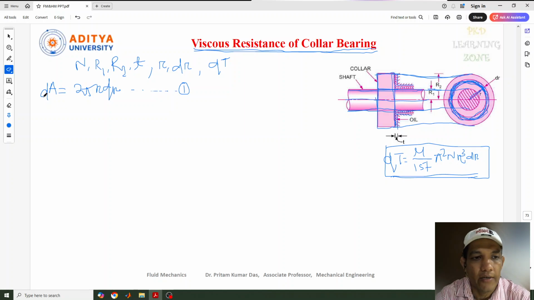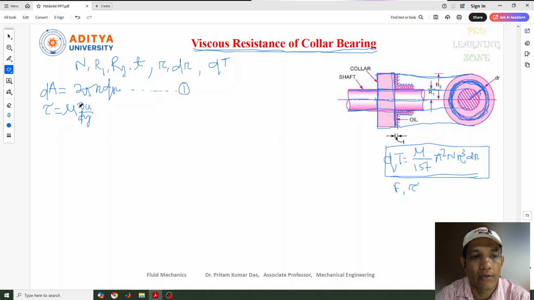So as I have calculated the dA, finally I need to calculate the torque. To calculate the torque, as I told in the previous video, we need to calculate the shear force. Shear force calculation means we need to calculate the shear stress. So now I need to go for the shear stress. As per Newton's law of viscosity, we know that tau equal to mu into du by dy.